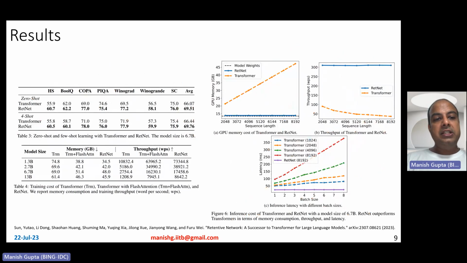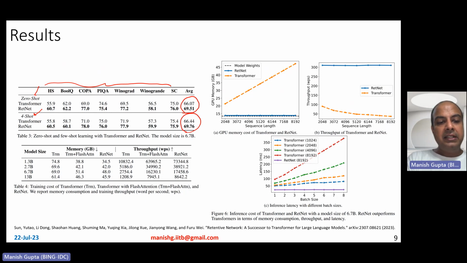Here are more results. Essentially, they compared the performance of transformers versus RetNet across a whole bunch of tasks. And on all of these tasks, whether you do 0-shot or 4-shot inference, you basically find that RetNet performs much better on average compared to the transformer-based models.